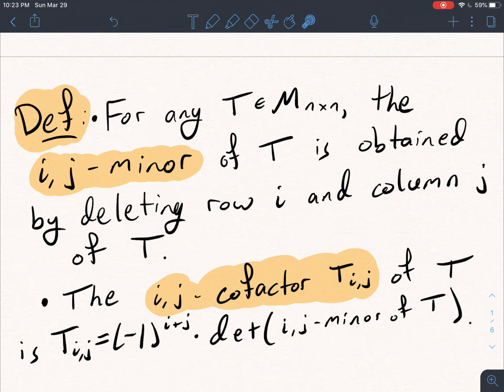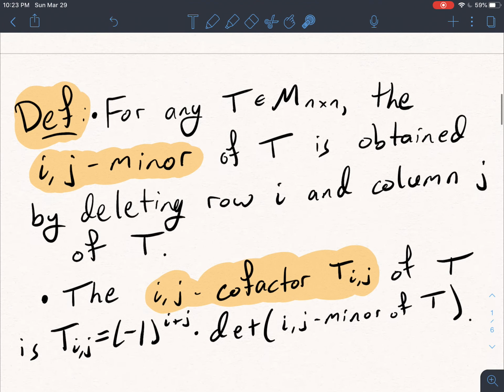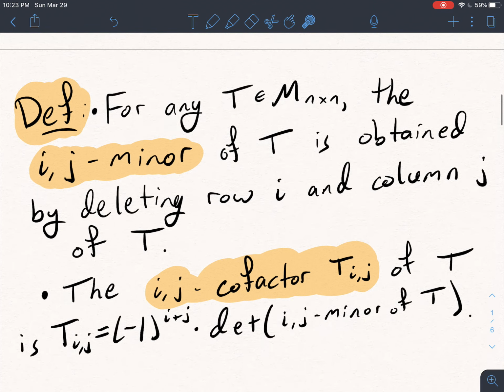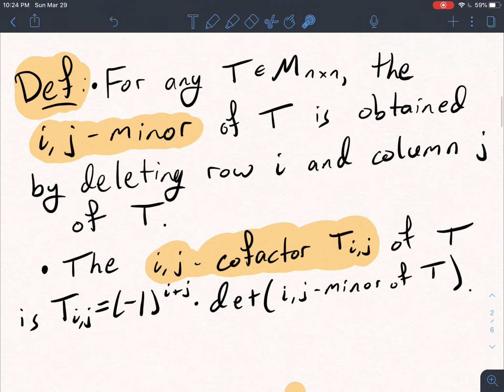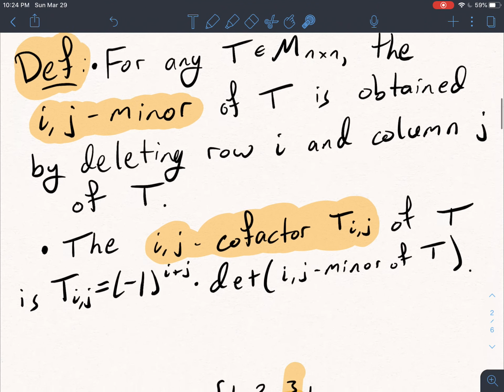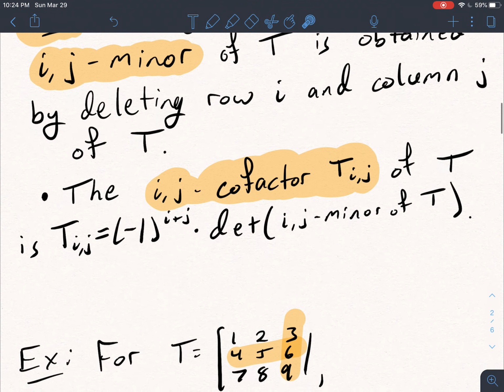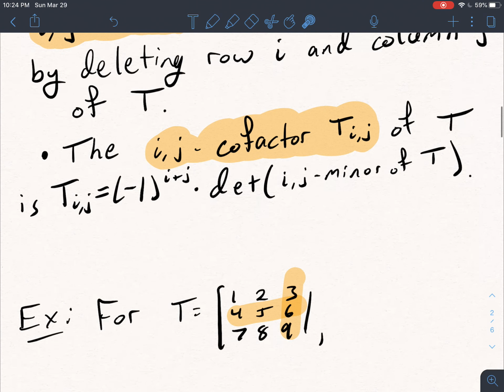So let me maybe relate this to that first example. We were expanding along row 1, right? So let me get rid of that for a second.